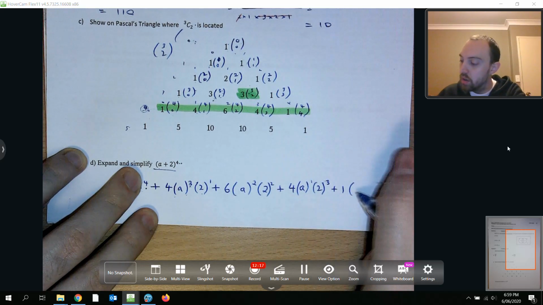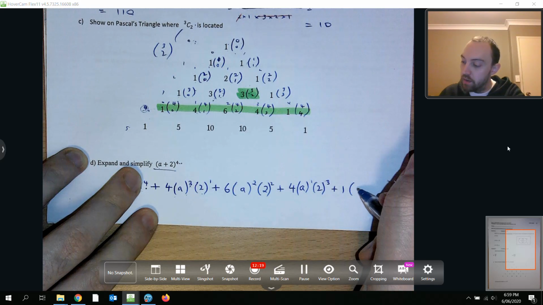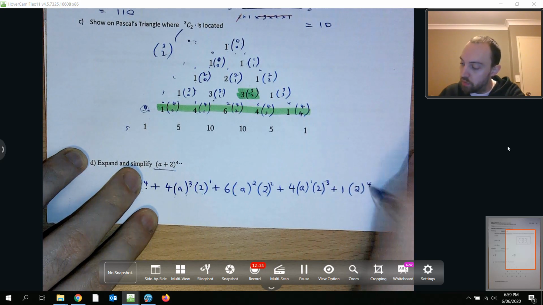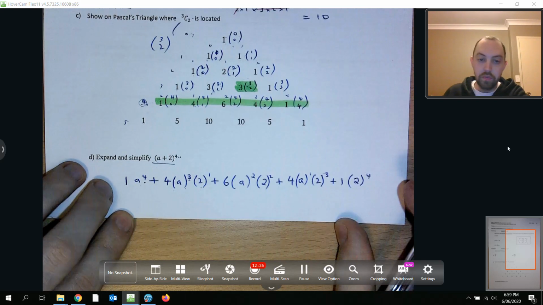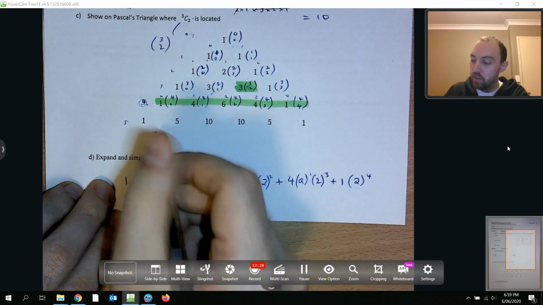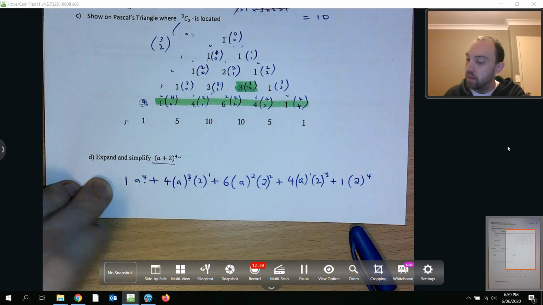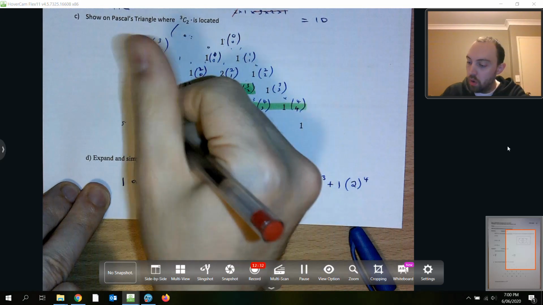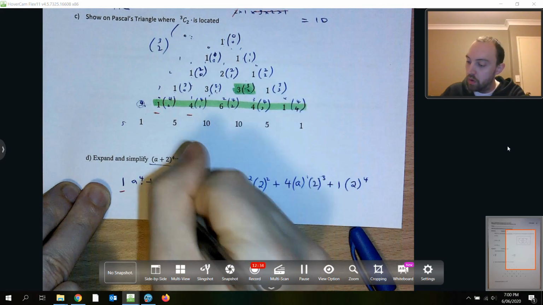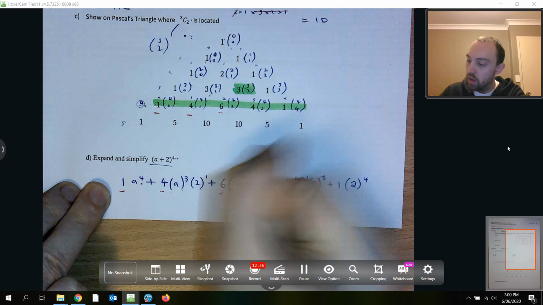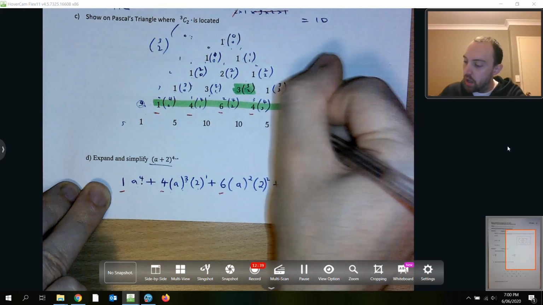Add 1 a to the power of 0, which is just 1, and then it's just 2 to the power of 4 here. So I've matched the numbers of my Pascal's triangle: 1, 4, 6, 4, and 1.